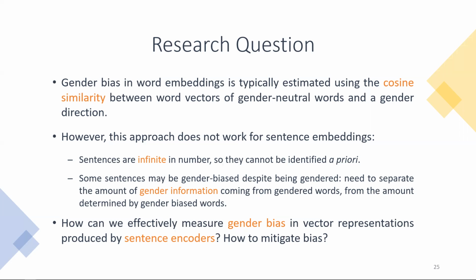These are just two examples. Very frequently, jobs are very stereotypical in some way. Also sports: volleyball is considered more for females, football more for males. These are gender neutral words that actually in language models are very much biased. So the research question is the following: how can we effectively measure gender bias in vector representations produced by sentence encoders, so in sentence embeddings? And then, of course, also how to try and mitigate this bias.